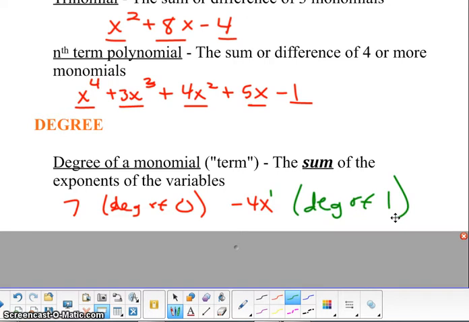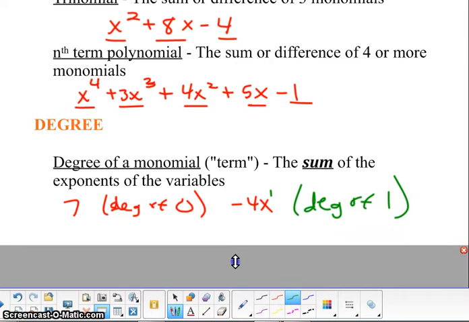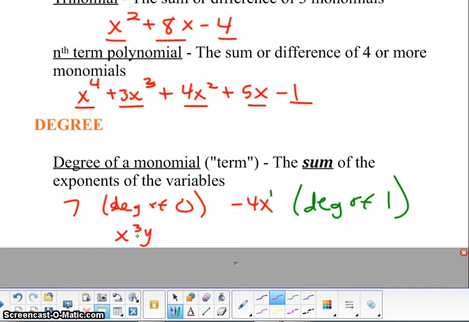And then x cubed y, okay, again we have the invisible 1. And then you would actually find the degree by adding the two together. So for this one, the degree is going to equal 4.